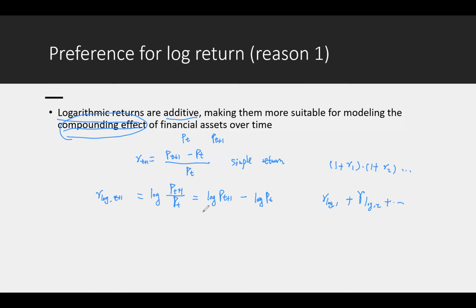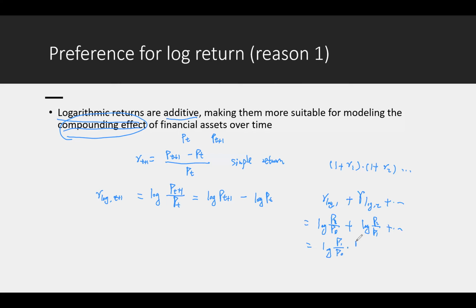So if I were to expand the math out, I have log P2 over P1, right? So it's in fact log P1 over P0, assuming we start from 0, plus log P2 over P1, etc., right? And then this will be equal to log of P1 over P0 multiplied by P2 over P1, etc., based on the properties of the logarithmic function.